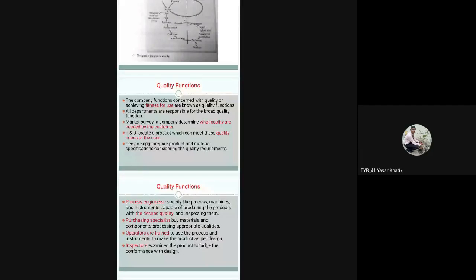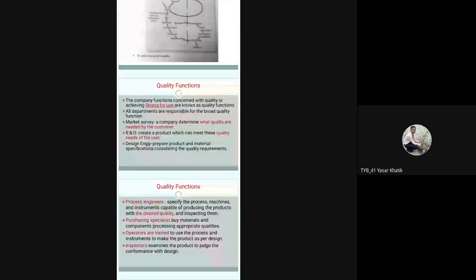We will use modern techniques and modern machineries to make a product with high quality and more functionality. The design engineer prepares product and material specifications considering the quality requirements. During the making of any product, the manufacturer and designer should keep one thing clearly in mind.